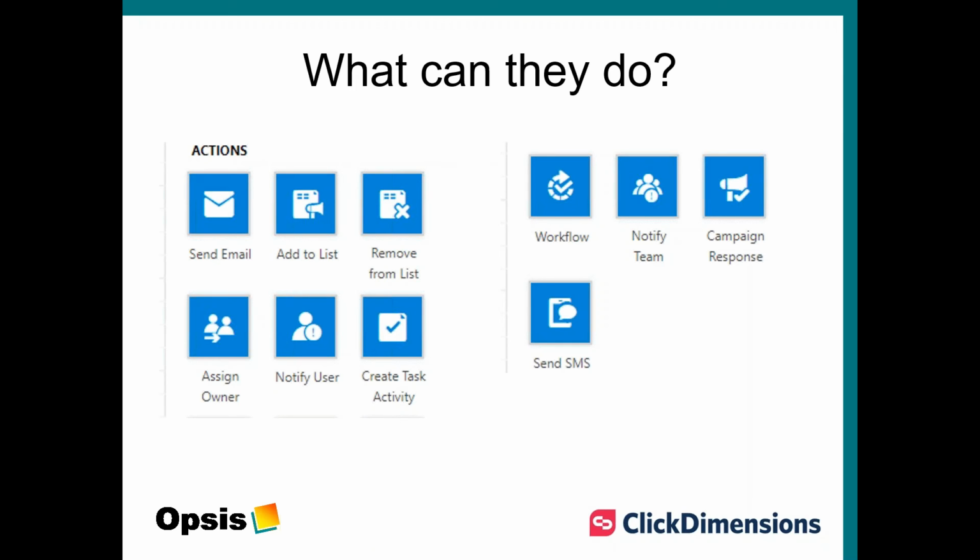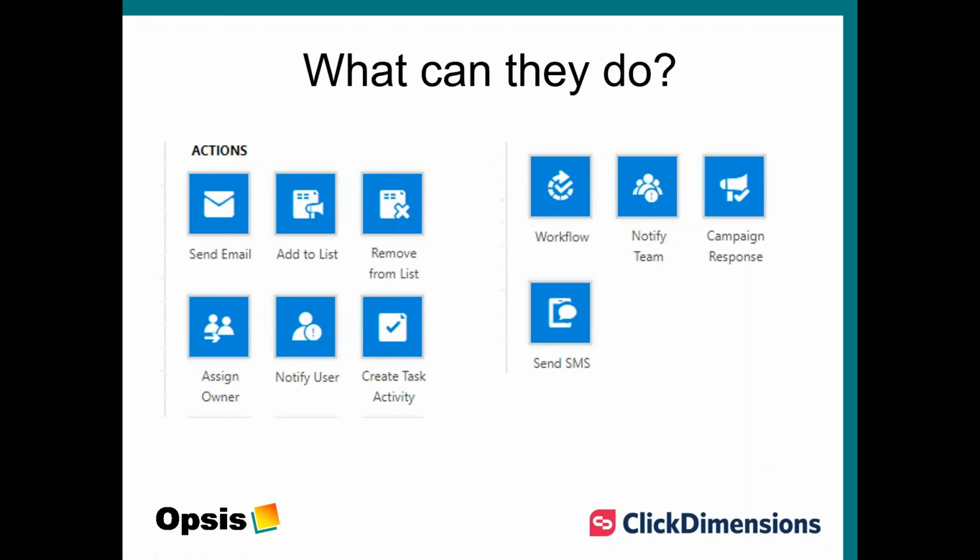We can kick off some further automation using Dynamics 365 workflows. We can create a campaign response, so we start to see which campaigns were effective or not, or we can send them an SMS. So we've now got a number of different actions, and although there's 10 on that slide, in reality there's a lot more because of the subtypes that come under each of those groups.